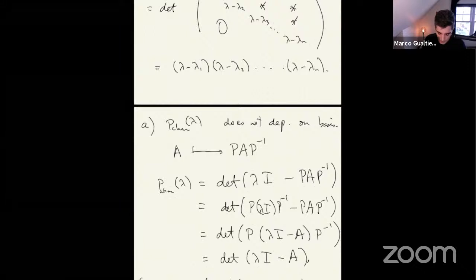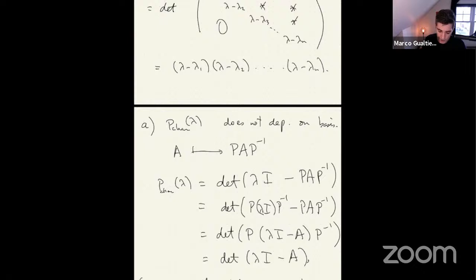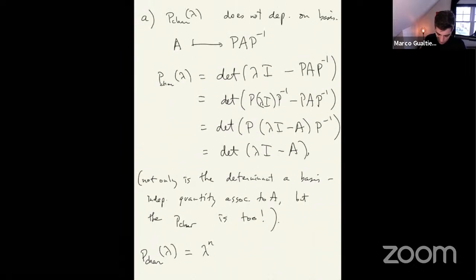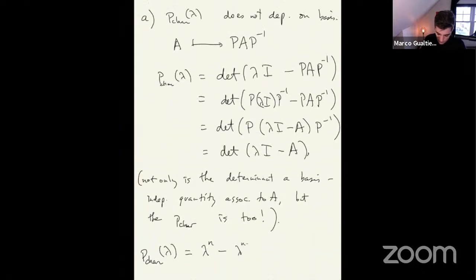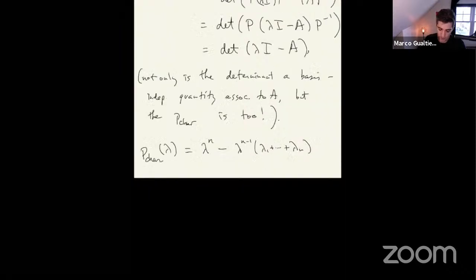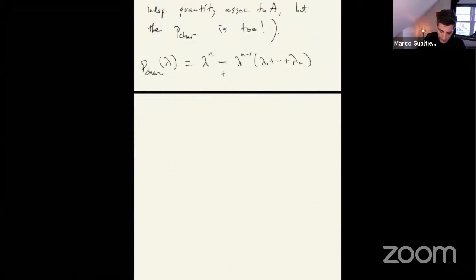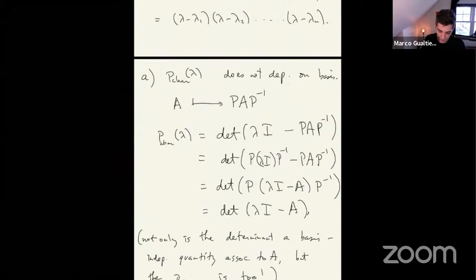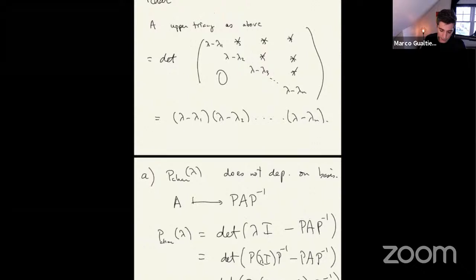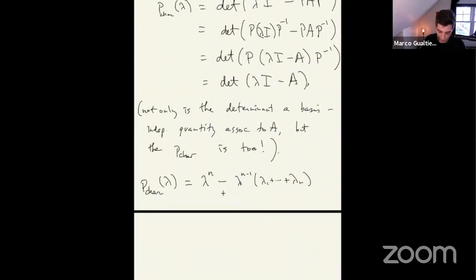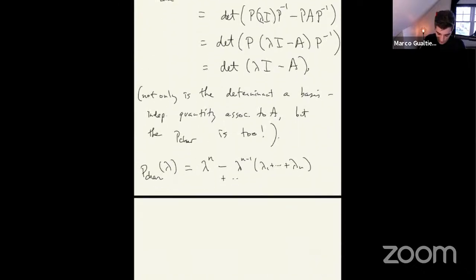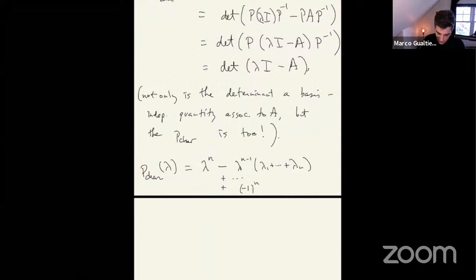The next term will be lambda to the n minus 1, so minus lambda to the n minus 1 times (lambda 1 plus through lambda n). And then there's an alternating sign. And then the last term is minus 1 to the n times lambda 1 through lambda n, the product.